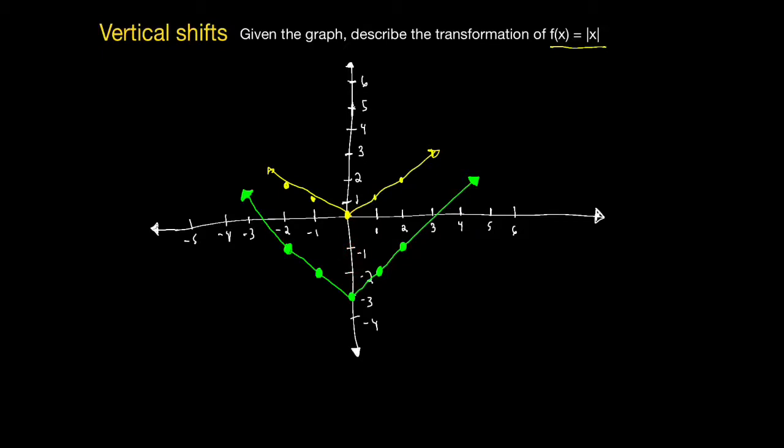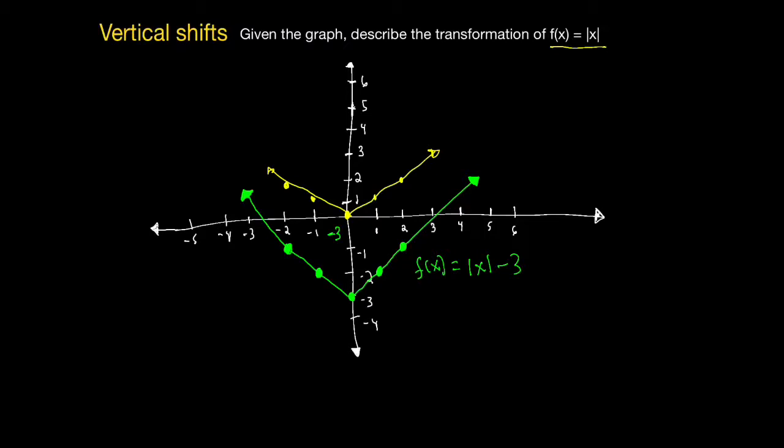So we're subtracting 3 units from each point. If we look at this one, for example, if we subtract 3 units, we go 1, 2, and 3, and land here at this point. The same thing here: 1, 2, and 3. So the green function here is f of x equals the absolute value of x minus 3.